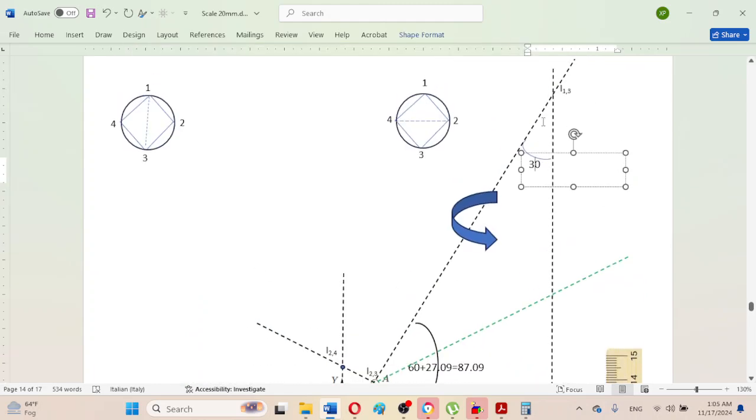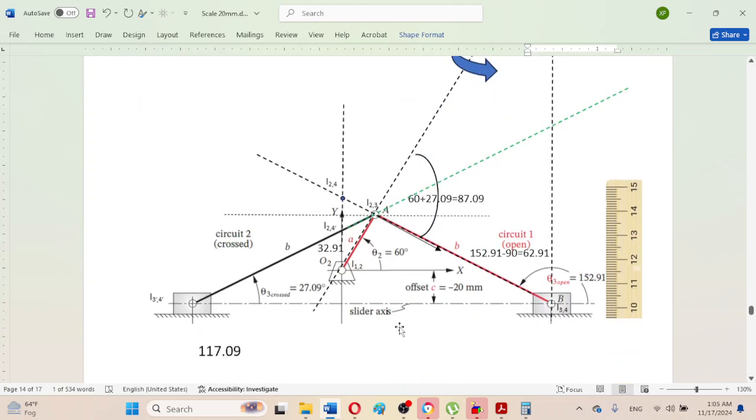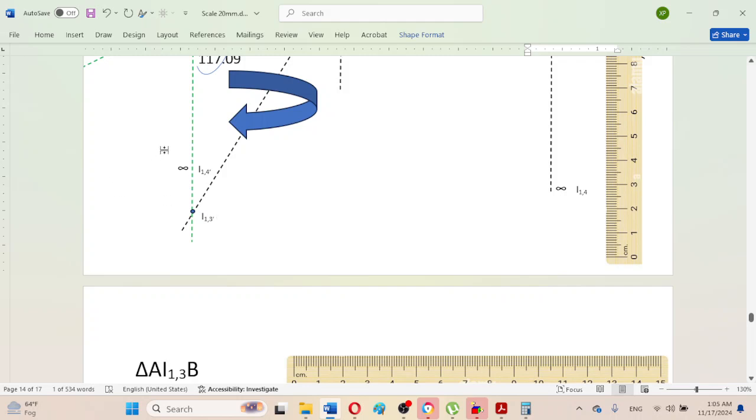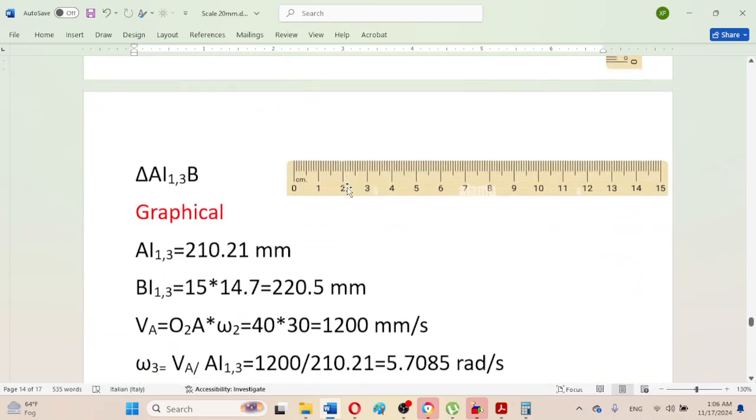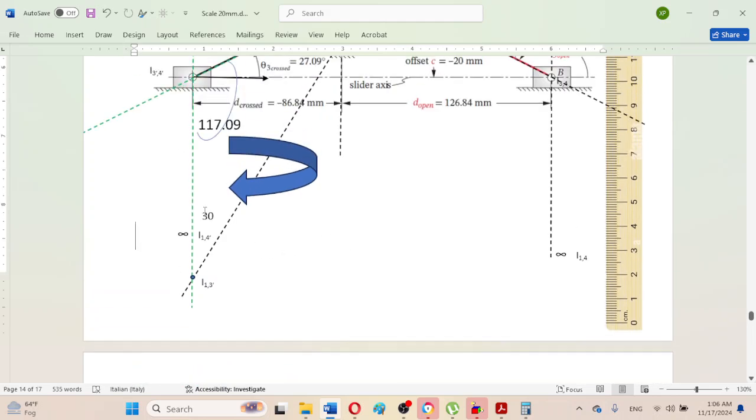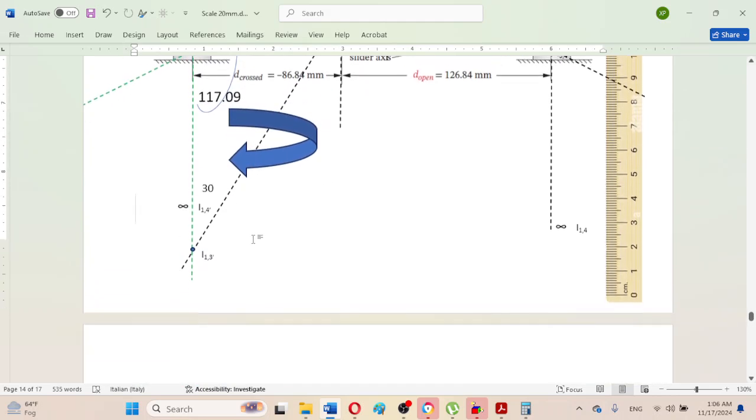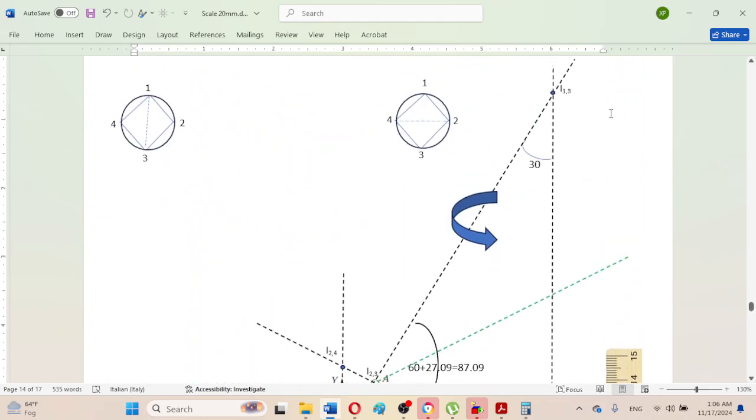So just for example, I can copy this label from here and paste it here. In this way angles have been mentioned. These angles can also be measured with the help of protractors, and that is quite simple.